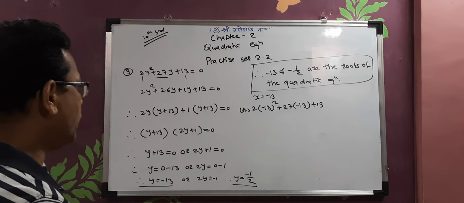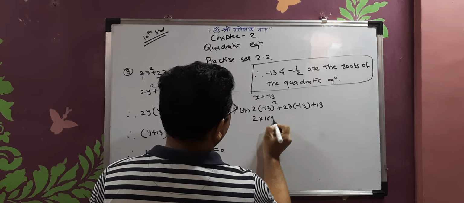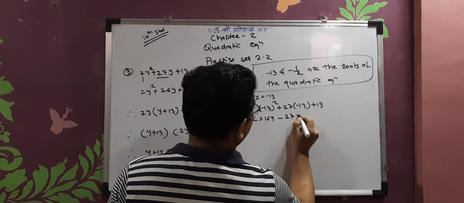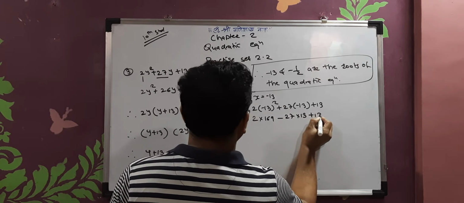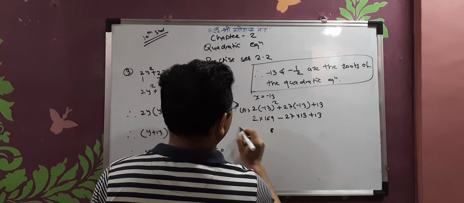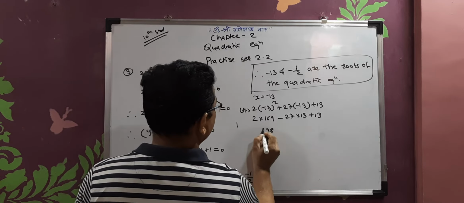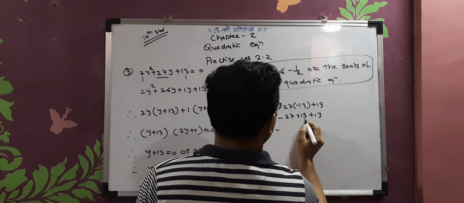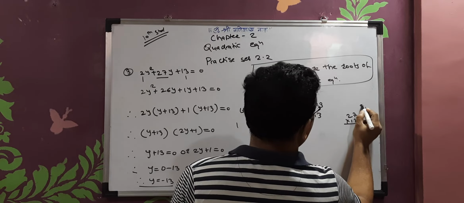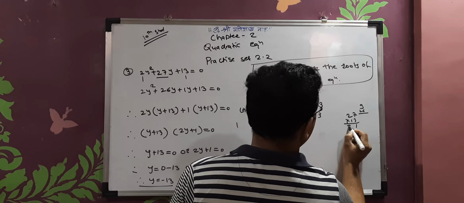We can write down. So 2 into minus 13 square is equal to 2 into 169, that is 338, plus 27 into minus 13. 13 sevens are 91, carry 9. 13 2s are 26, so this is 351.